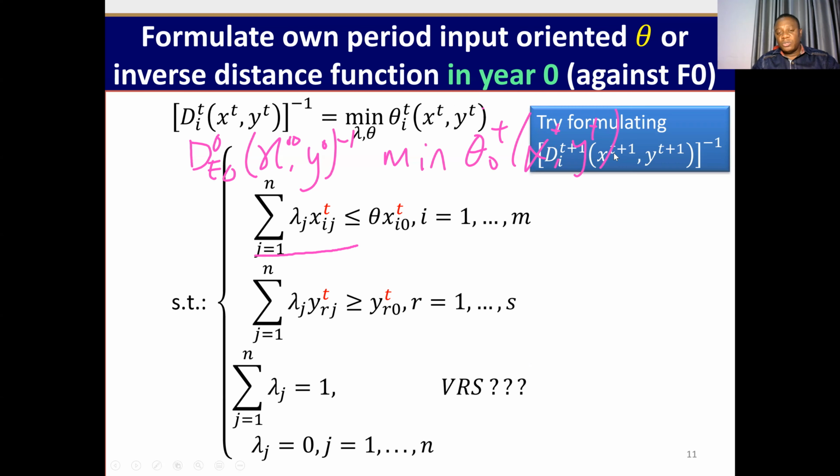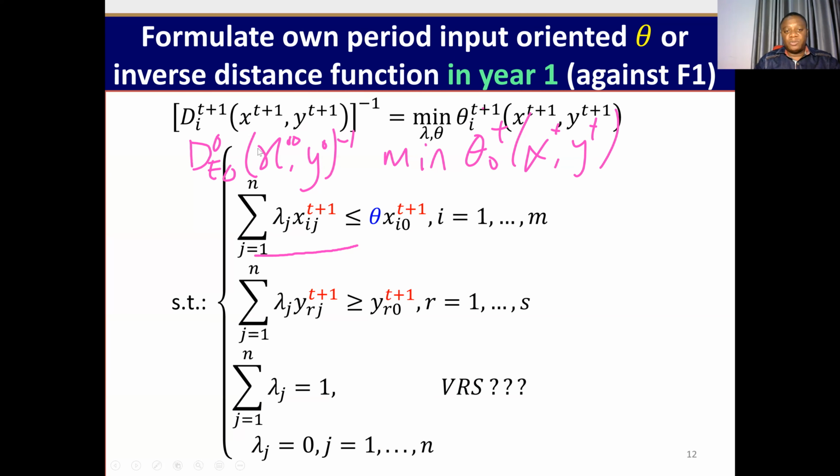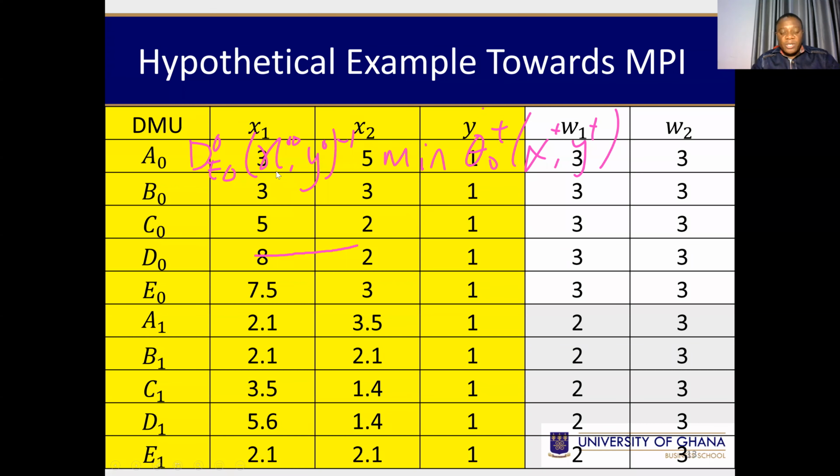So let's go to the inputs in year 0. All the inputs in year 0 are what you are seeing here, at the x1. So we are going to do the weighted sum of the inputs. What are the inputs? 3, 3, 5, 8, 7.5.